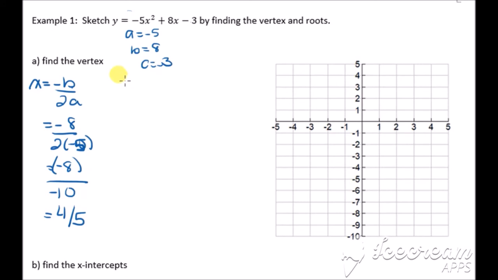Now, the y of the vertex, we can go ahead and just sub in the 4 over 5 into the equation. Okay, so this is going to be negative 5 times 16 over 25. So I get negative 16 over 5.